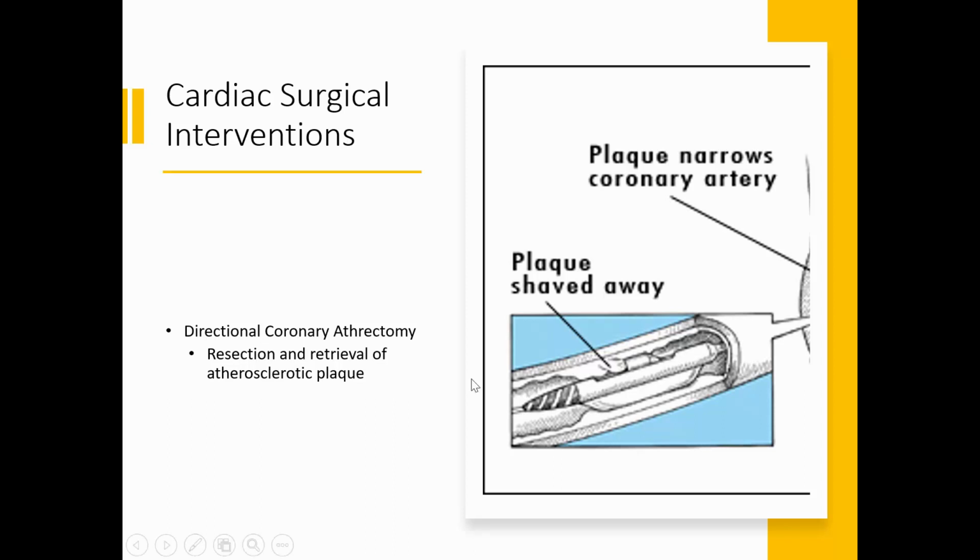On the back of this, where my arrow is, there's a little chamber, and as this little tool shaves the plaque away, it sucks it back up into this little vacuum container, because you don't want loose plaque going out into the circulatory system, because remember, that puts your person at an increased risk for thrombus formation somewhere else. So that's another intervention that we can do.